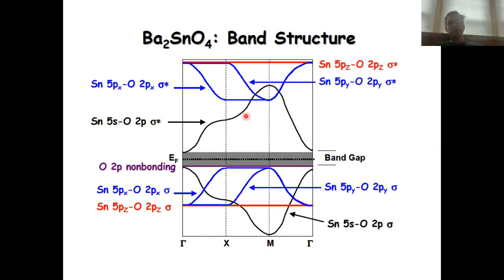Yeah, so you're saying, for instance, this one here has a certain energy value below the Fermi level, whereas this one here has a greater energy above the Fermi level.